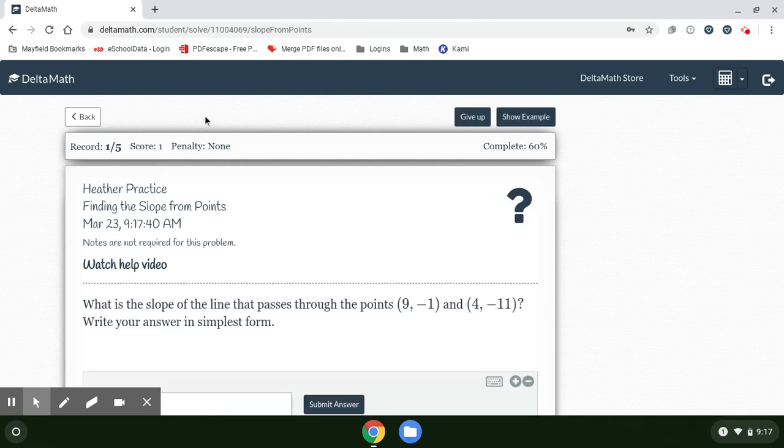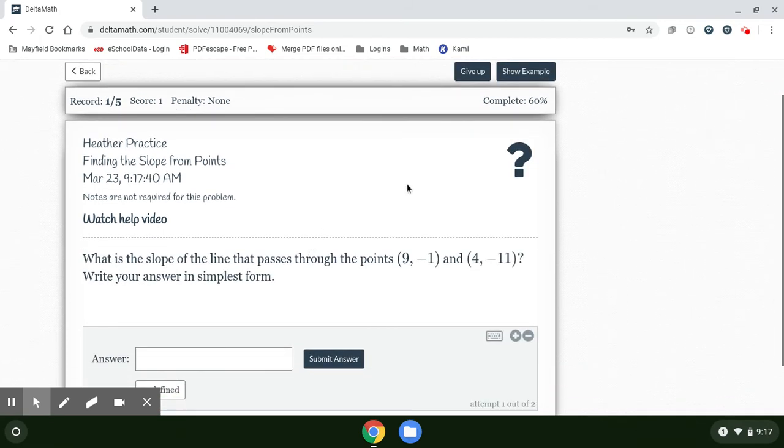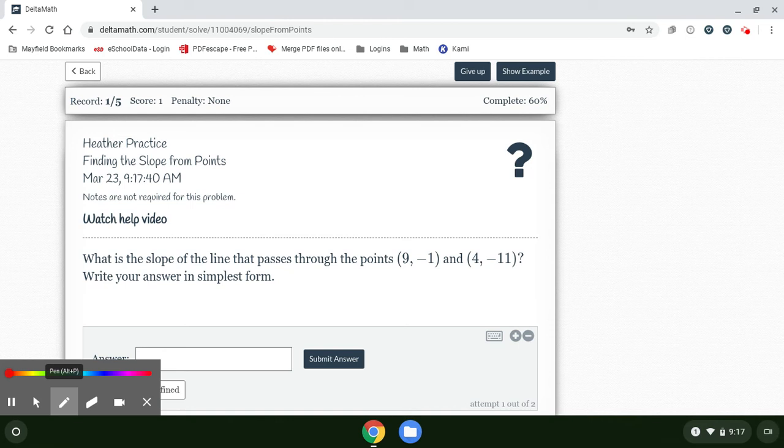So what is the slope of the line that passes through 9, -1, 4, -11? So I'm going to do the same thing again. I need an x1 and a y1 and an x2 and a y2.